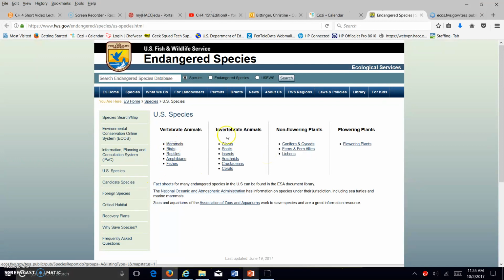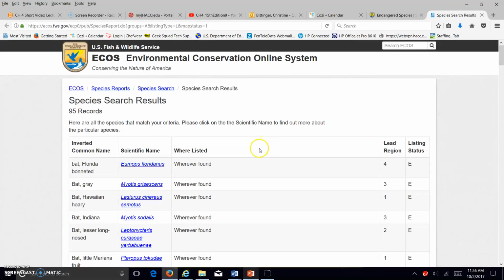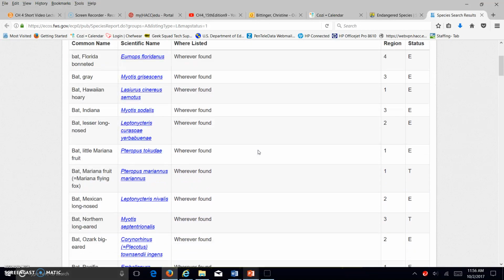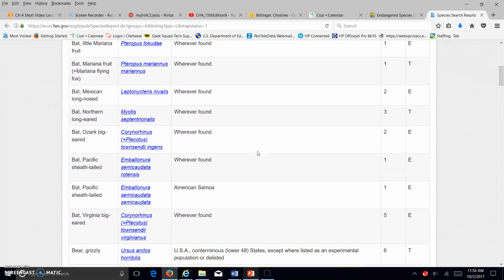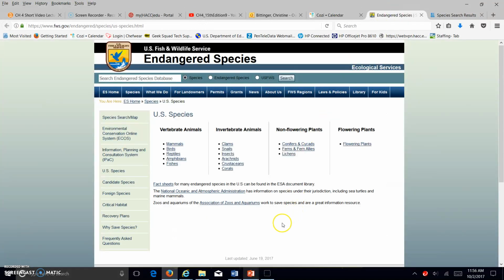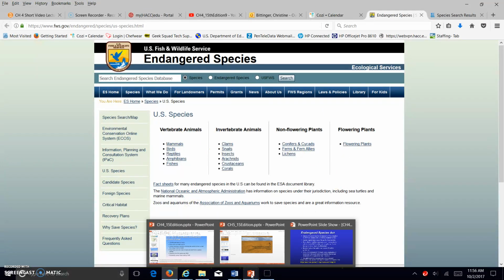So we're going to click on mammals, and you can see that it includes a list of 95 mammal species specific to the United States, and it designates what region they're located in, and if they're listed as endangered for a letter E or T for threatened. And this is the U.S. Fish and Wildlife website that helps track the list of species that are considered endangered or not.